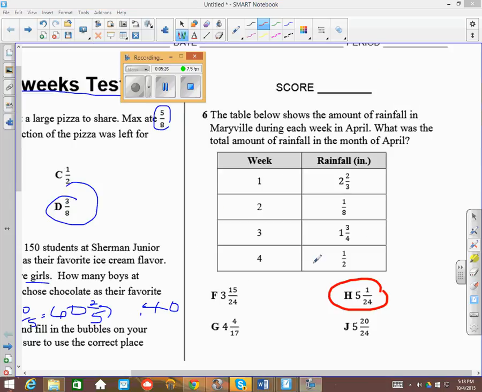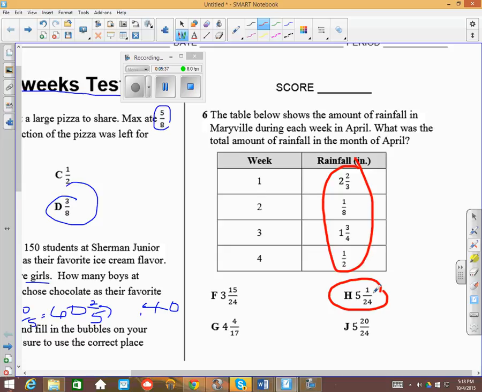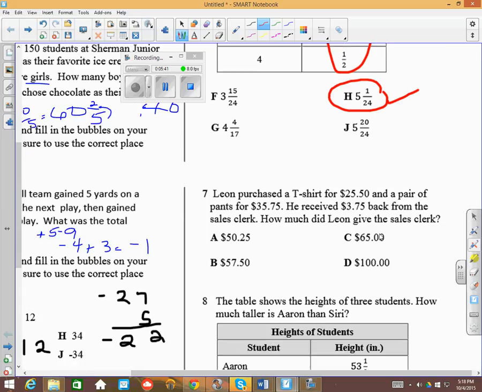Number 6. The table below shows the amount of rainfall in Maryville during each week in April. What is the total amount? You have to add all the numbers, you find the common denominator, and the answer is H. Number 7, that answer is C. You have the purchase of a t-shirt for $25.50 and pants for $35.75.